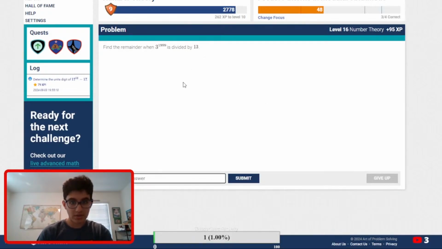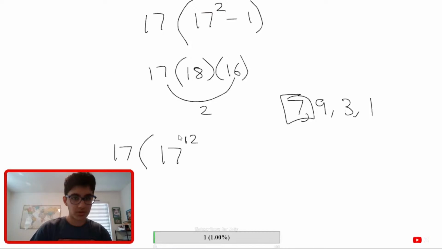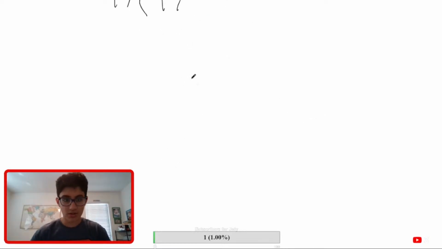Find the remainder when it's divided by 13. So what's a good power that we can use for this? 81, 78. 27. 27, right? Perfect. That's one more. So 3 cubed is congruent to 1 mod 13.